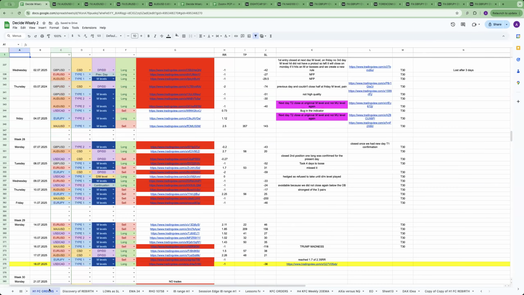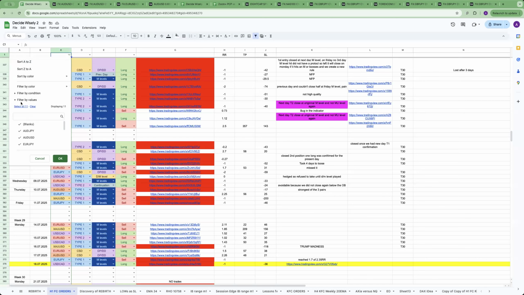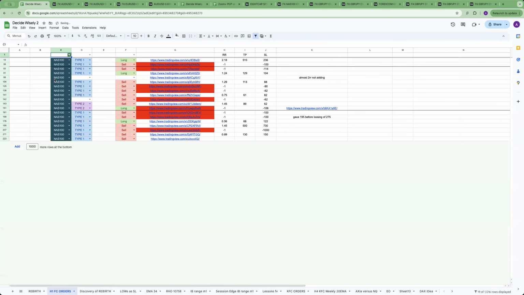I used to have more pairs, for instance, whereby there were more filters. You see, I was trading NASDAQ. So if I clear everything and put only NASDAQ, I didn't trade it for long, but I realized when I did NASDAQ, it was 0.81%. After trading it for a while, I realized NASDAQ is not the best.